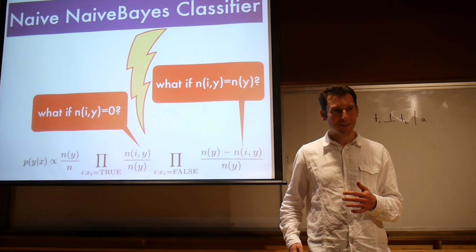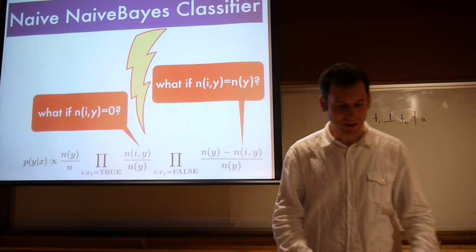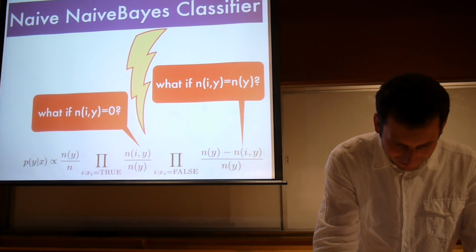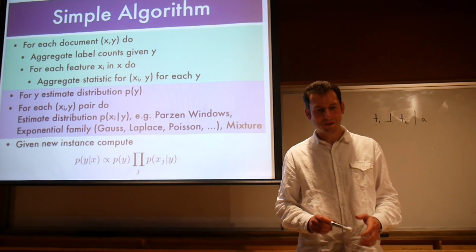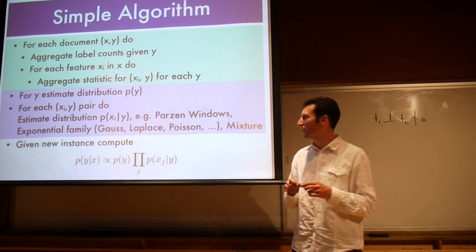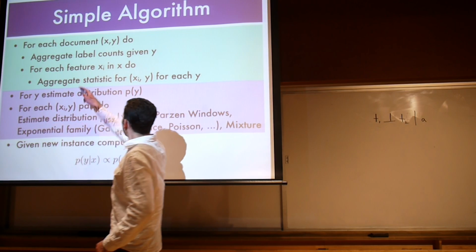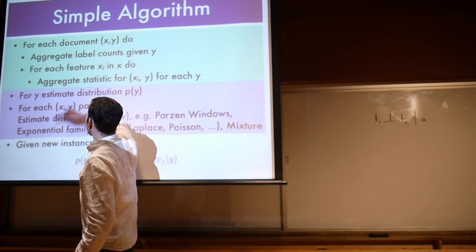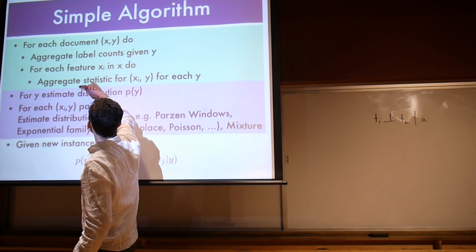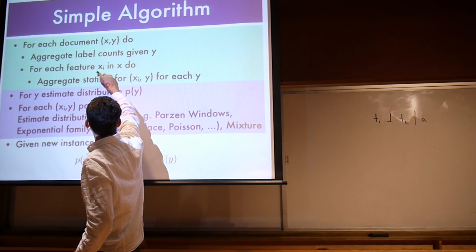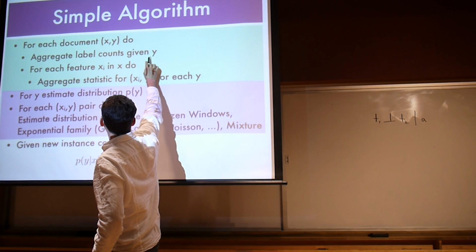So with that aside, let's for the moment look at how we actually will go and implement this. So let's look at the simple sequential algorithm as we go through it. So for each document, this is already set up such that we can afterwards do MapReduce. We aggregate the label counts.